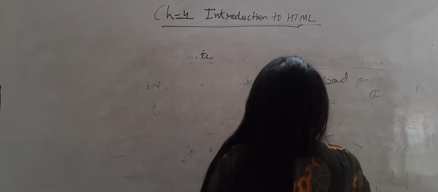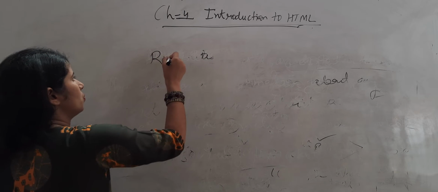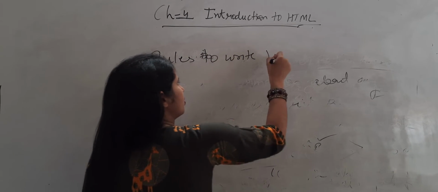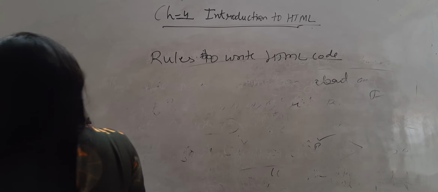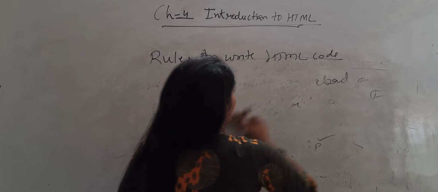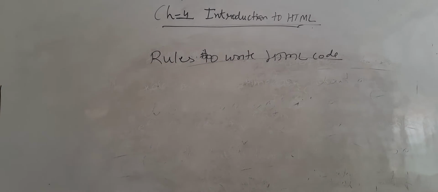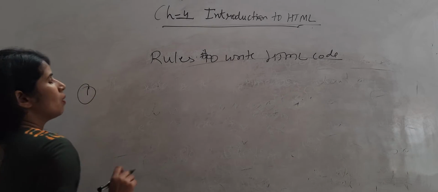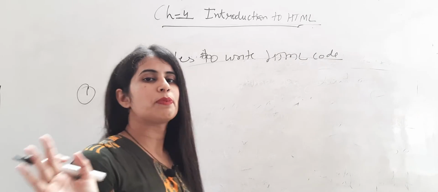Now, what are the rules that we should follow when we are writing HTML code? Whenever we are going to write HTML code, we should follow a few rules. First is, whenever we are using a container tag, we should close it properly.